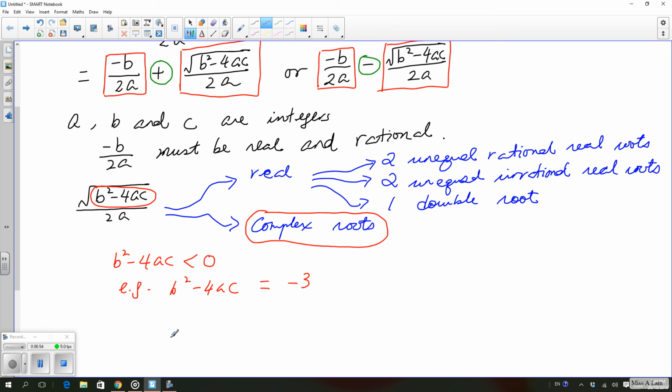Now, the roots become x equals minus b over 2a plus square root of negative 3 over 2a, or minus b over 2a minus square root of negative 3 over 2a.